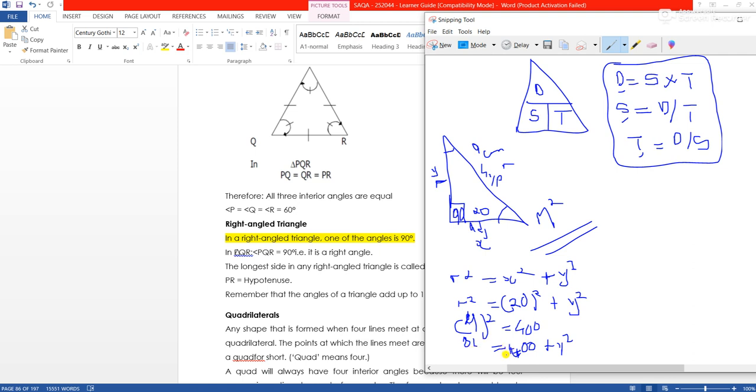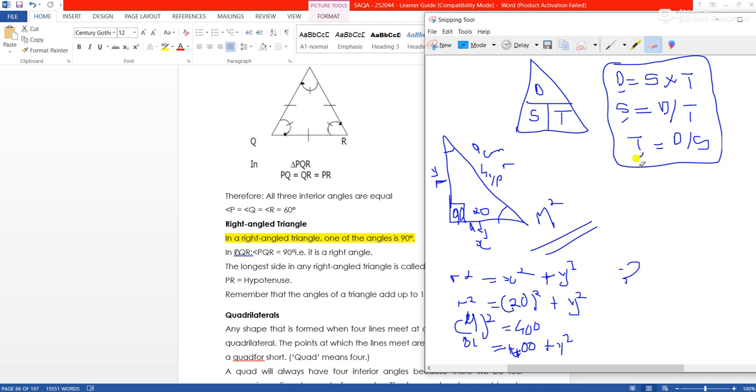On this side it's positive, when you move it to this side, it will be negative. So minus 400 plus 81, we have minus 319.